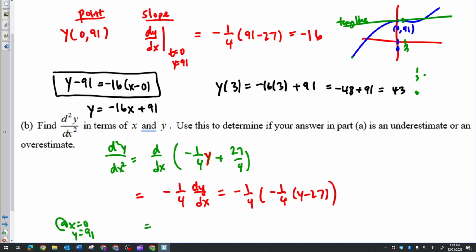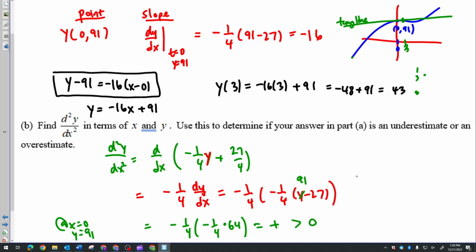This would be negative 1/4 times negative 1/4 times 91, and 91 minus 27 is 64, so times 64. Whatever this answer is, it's positive, because it's a negative times a positive. Positive means this is greater than 0.